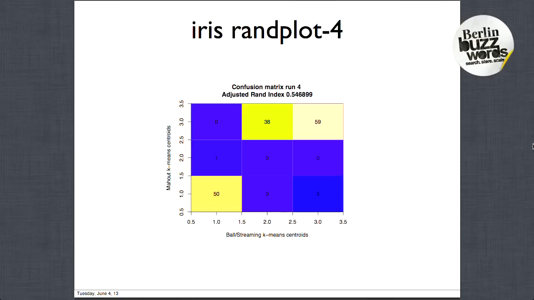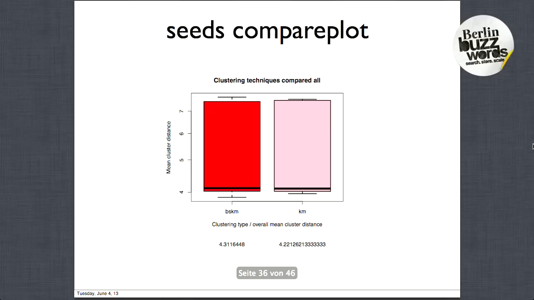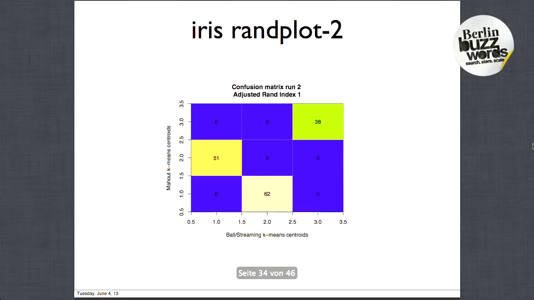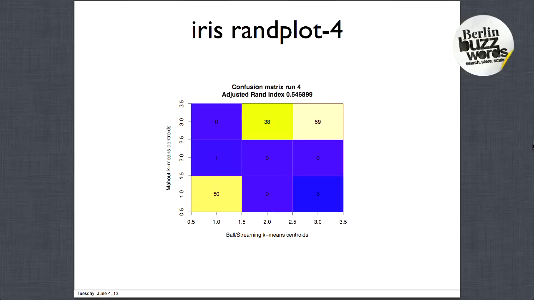That's probably because of a seed that was picked by the random sampling. You can't really do anything about this other than run the algorithm again and again. Now you're not going to always get the perfect clustering, but here you go. This would not ever happen for ball streaming k-means just because you're doing the smarter sampling. So at least we're not prone to that problem.